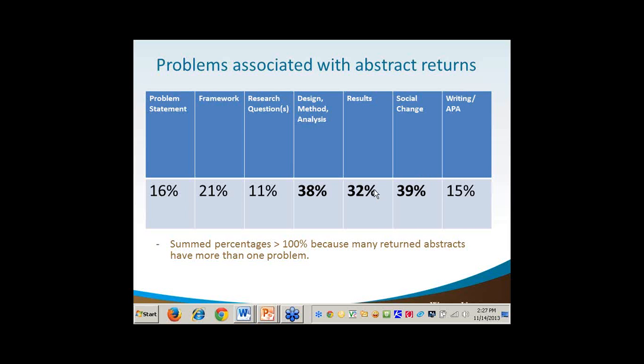But I will say that the social change component seems to be the most difficult because often students are writing very broad social change claims without specifying those two elements that I talked about earlier. They aren't answering who will benefit from these findings and in what way. Often there's just one or the other of those elements that are specified.